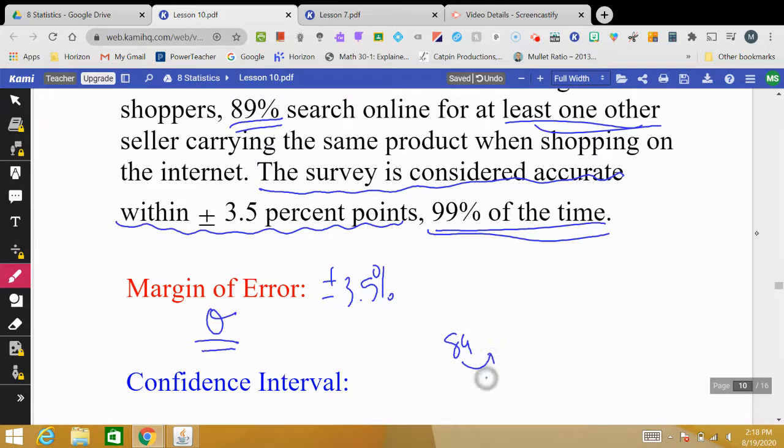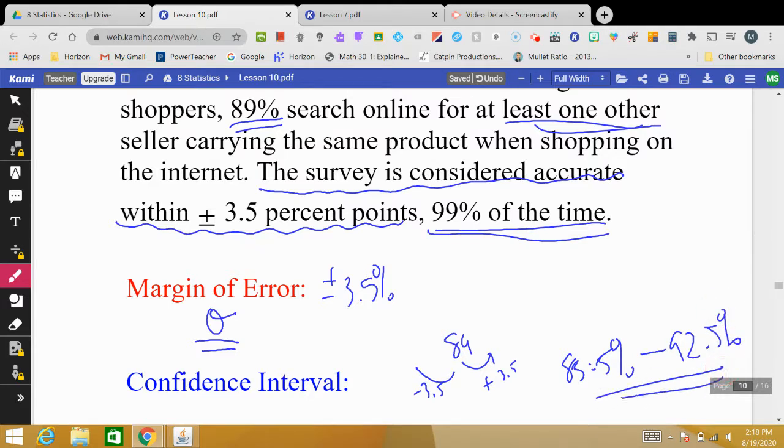So you're going to add plus 3.5 and minus 3.5. So if I go 89 minus 3.5, I get 85.5%. And if I go 89 plus 3.5, I get 92.5%. Okay, so that's my confidence interval.